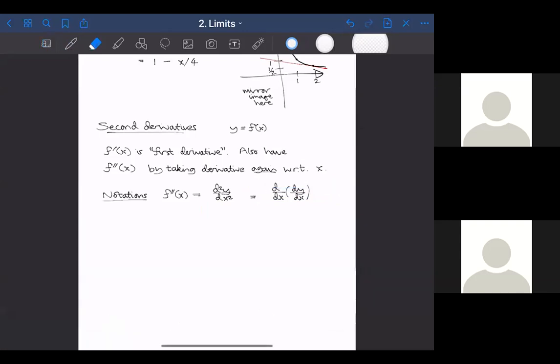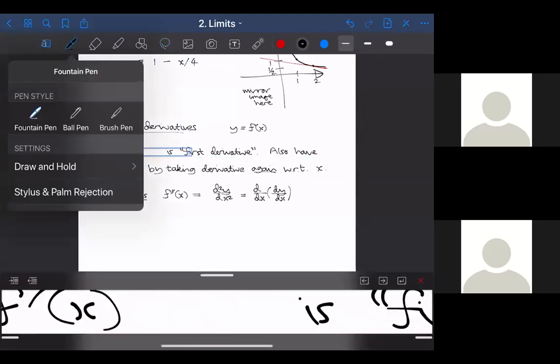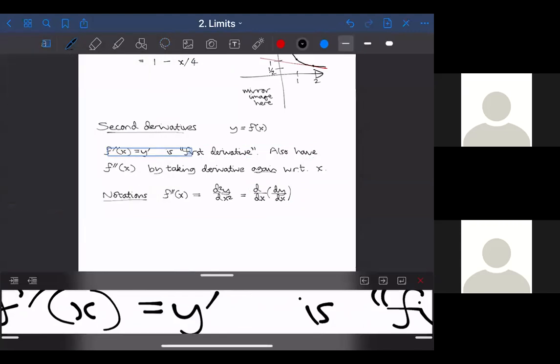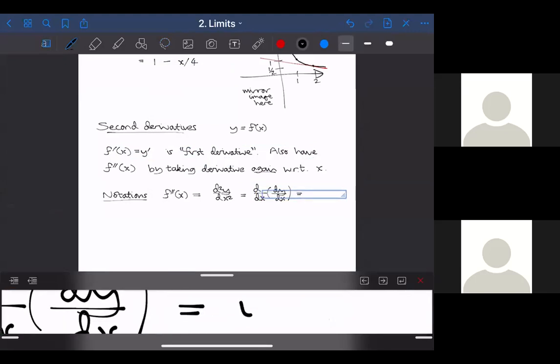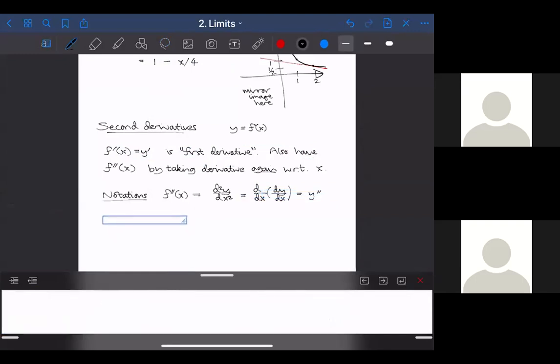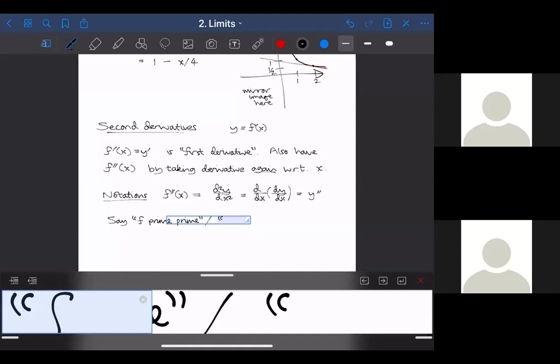And I can also write this, remember that f prime of x can also be written as y prime. Well, this can be written as y prime prime. So we say f prime prime, or we say f double prime.